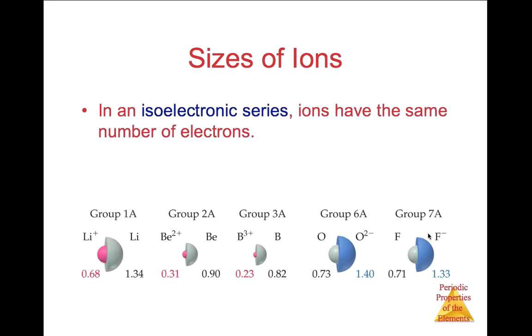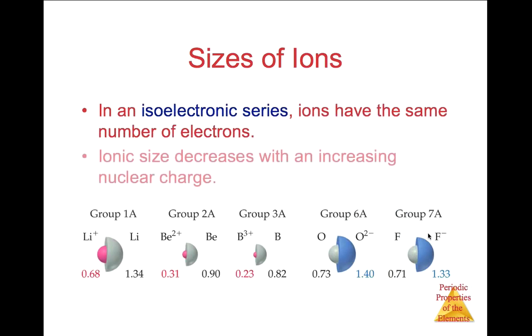And in an isoelectronic series, ions have the same number of electrons. Ion size decreases with an increasing nuclear charge. And so, going back to this term once again, iso, meaning same number of electrons, the size decreases as the nuclear charge increases. So if you look at it from lithium over to fluorine, and if you look on your periodic table, you'll notice fluorine has more protons than does lithium.